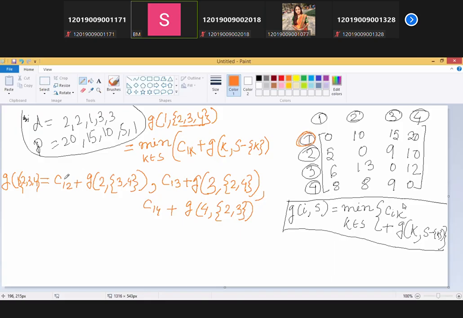Okay. This is these 3 values. Out of these 3 values, you need to calculate the minimum. How can we do this? I hope you have looked at the formula. You have noted down the formula at least.